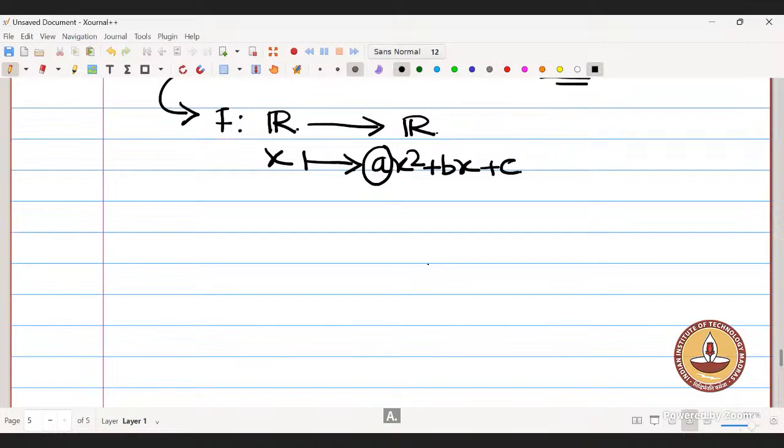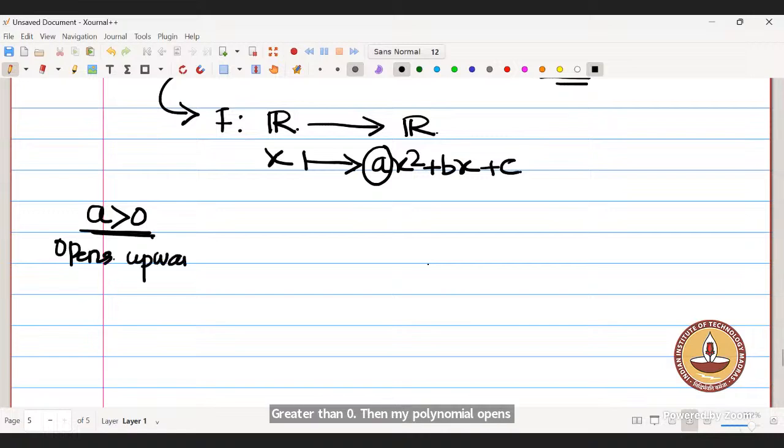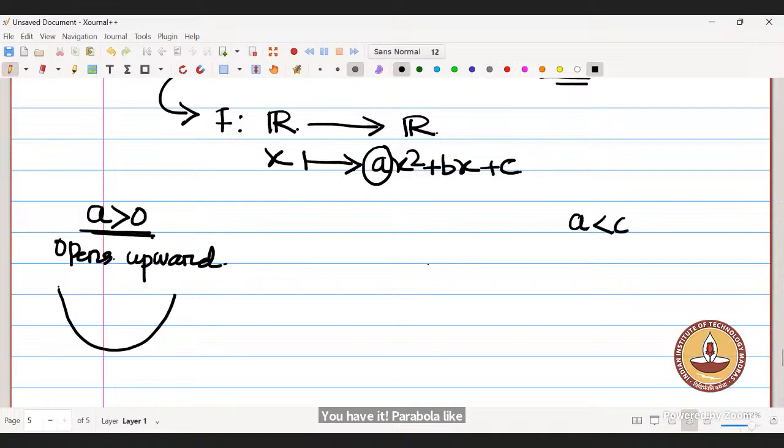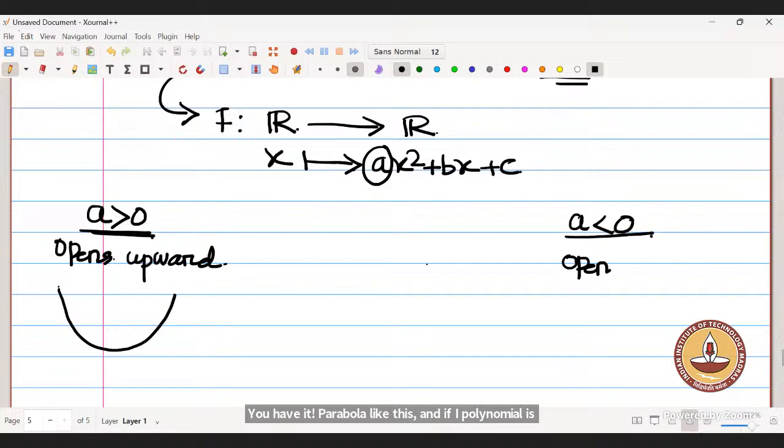So if A is greater than 0, then my polynomial opens upward, right? So that means you have a parabola like this, and if A is less than 0, that means this is open downward, right?